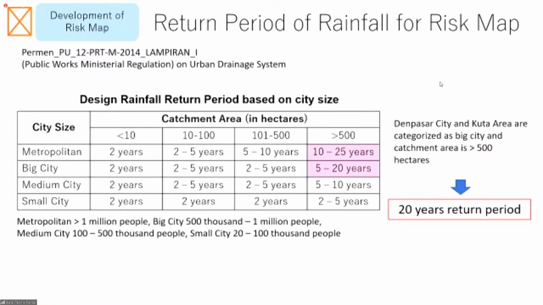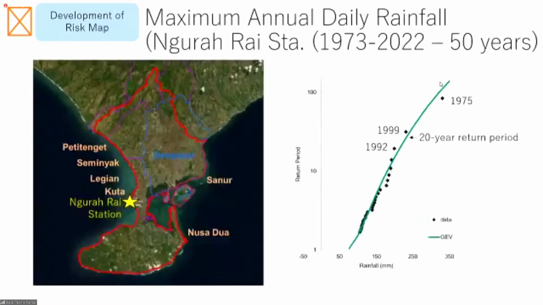Additionally, we made a more extreme simulation, assuming a 20-year return period rainfall. It's arbitrary, but we just assume a 20-year return period rainfall must be a kind of design for making a risk map.